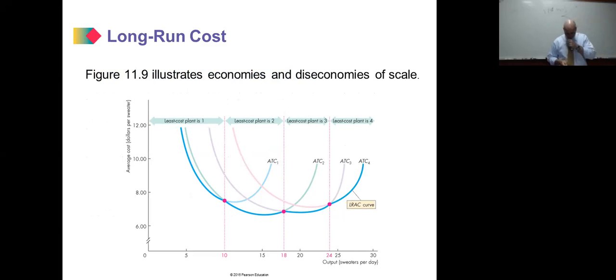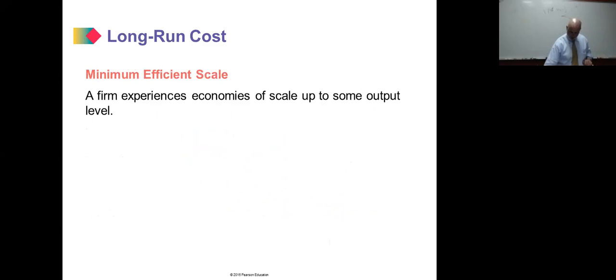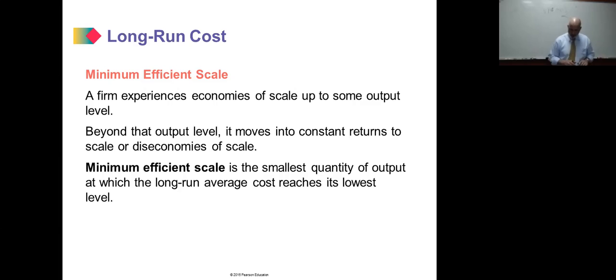Now, let's throw some red curves up here. And here we highlight economies and diseconomies of scale. Minimum efficient scale is the smallest quantity of output at which the long run average cost reaches its lowest level.